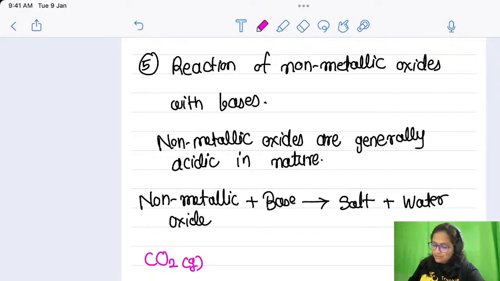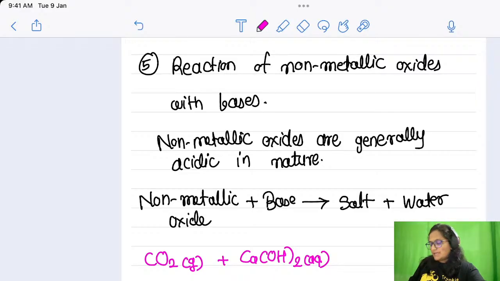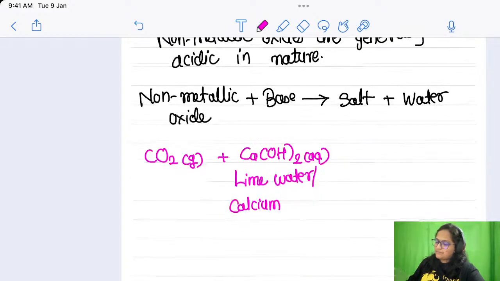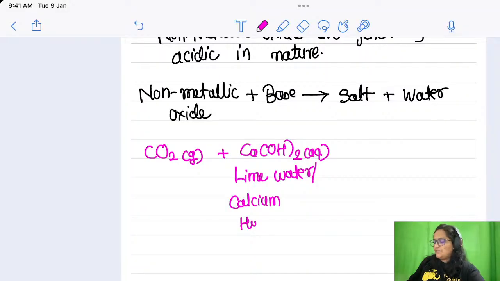CO2 reacts with a base, calcium hydroxide. You remember this reaction we have already discussed. This calcium hydroxide aqueous solution is called lime water, right? Lime water, or its chemical name is calcium hydroxide. This reaction we already discussed in yesterday's class.